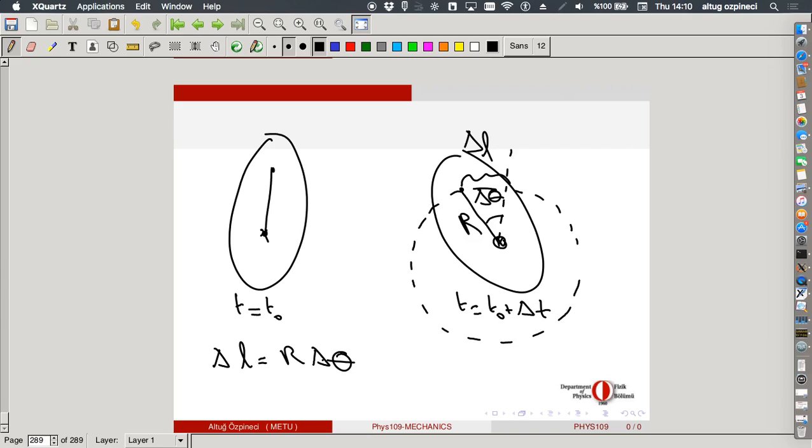Since we are measuring all the angles in terms of radians, in fact, this is the definition of the radian unit. If I divide both sides by delta t, still I have the same equality. But you see, delta L over delta t is nothing but the speed of my object. Let's say v. It's not the velocity vector, it's the speed. v is equal to r times omega.